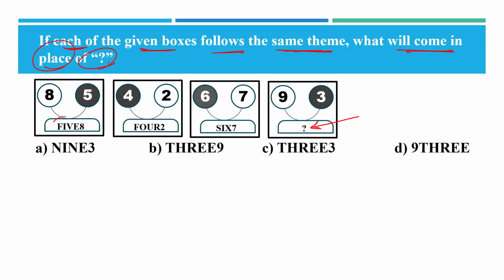As you see, 5, 4, 6 are the number names which are shaded, and 8, 2, 7 are the symbols, those which are not shaded. So I get the pattern. Write the name of the shaded number, it's 3, and write the symbol of the unshaded number, which is 9. So the option is B.